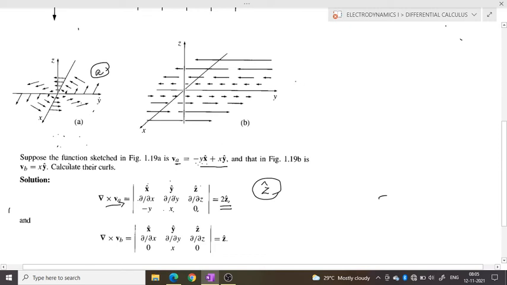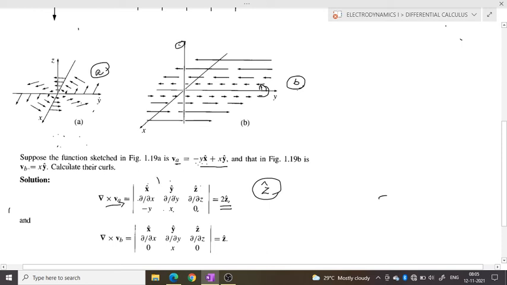Similarly, look at this figure. Before finding the curl, let us ask: is there a curl for this function too? It is similar, with some curling around that we can see in this direction. So there can be a curl around the z axis.